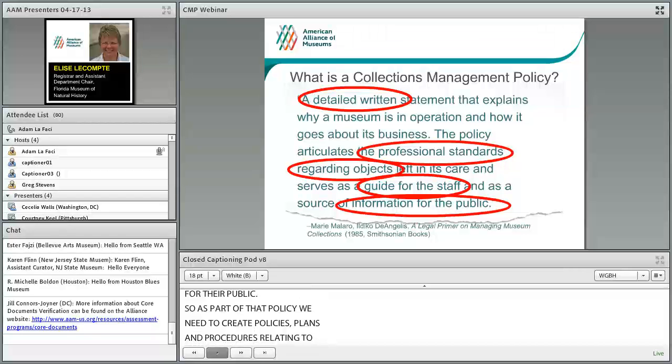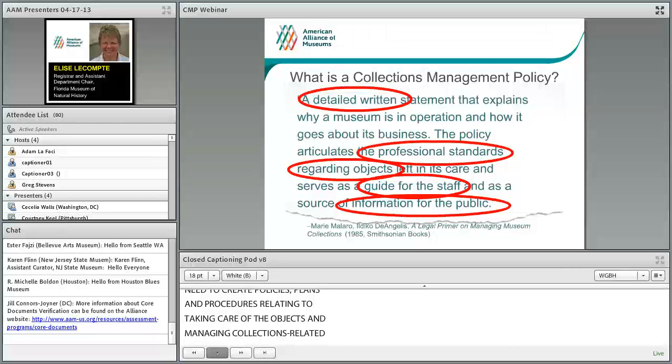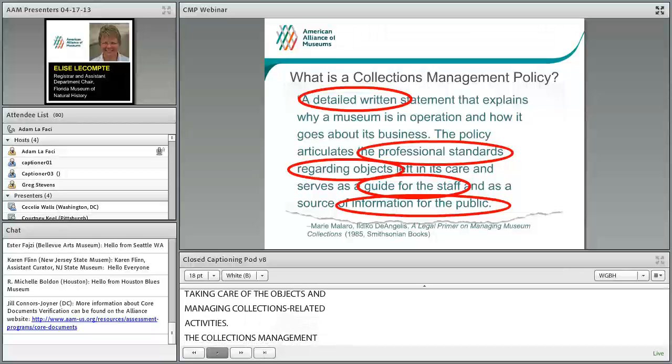The collections management policy can serve as a guide for the staff. Because it lays down the principles, both ethical and legal, standards and best practices the staff should follow in day-to-day activities related to collections management. So it serves as a guide to the staff, what to do, how to do it. It gives them a map, so to speak.